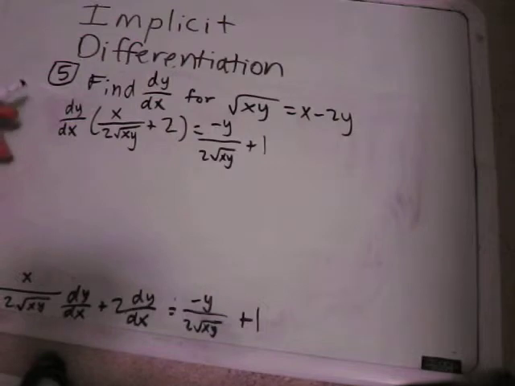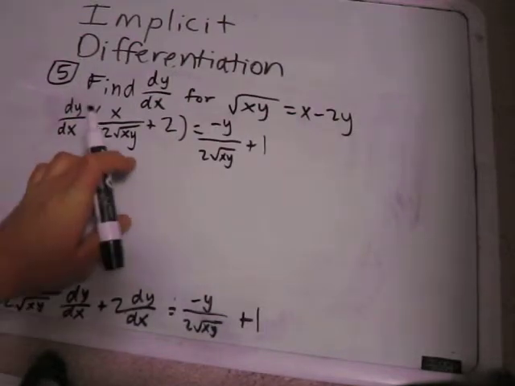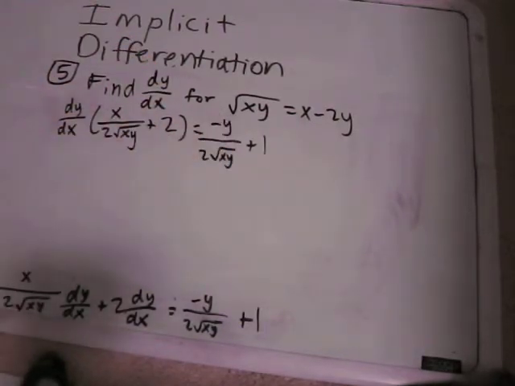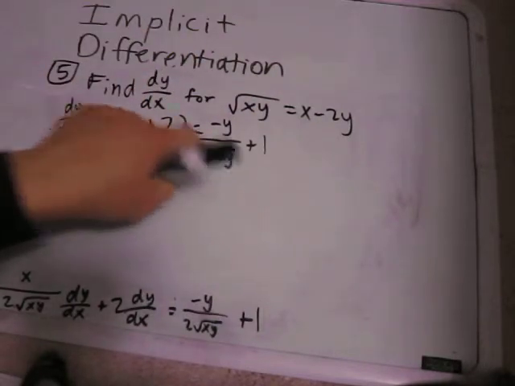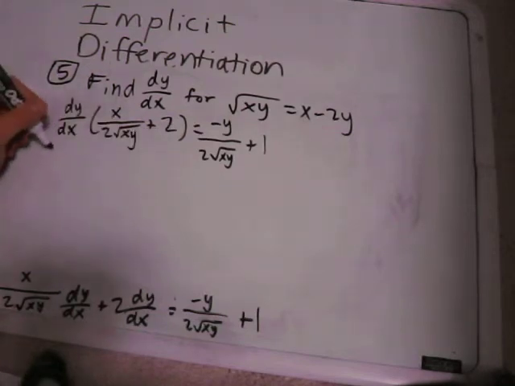And then we can make these two terms here have a common denominator, which will then cancel out once we divide this by this.